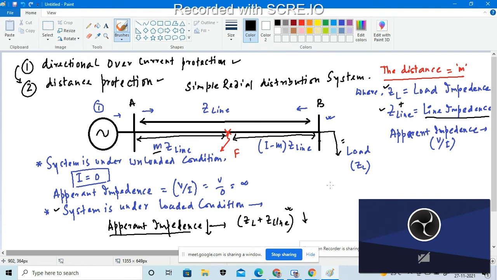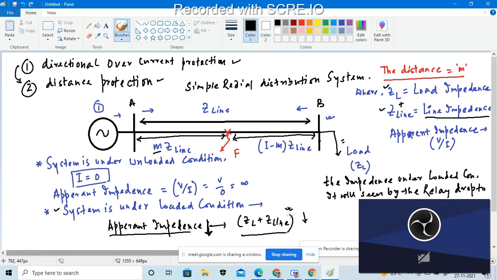The impedance under loaded condition will be seen by the relay to drop. This is a very important line. The apparent impedance will be reduced to some finite value due to the fault appearing in the system.